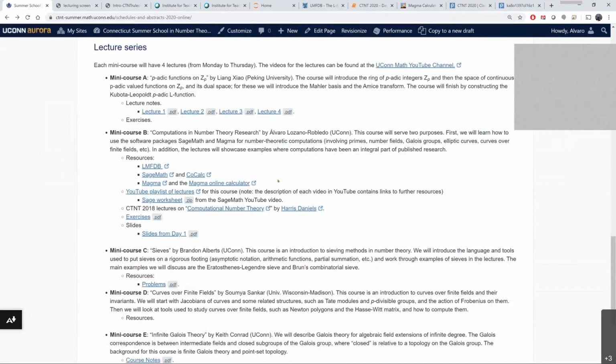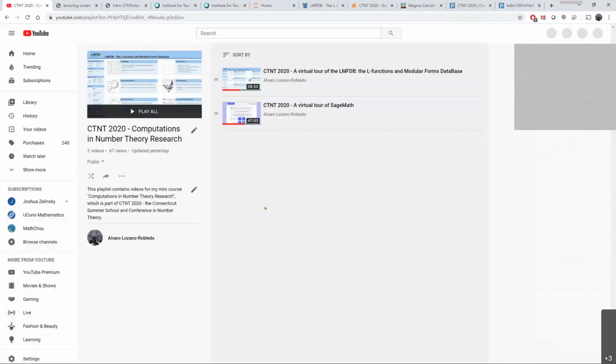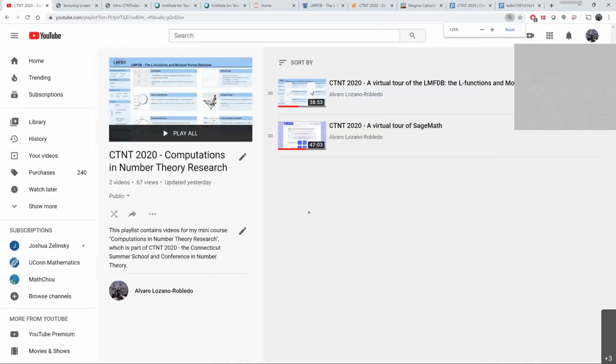For the usage of these databases and this software, I've created, or I'm in the process of creating, a number of videos. I'm creating videos that are hopefully useful to you, but also to just anyone, as a little virtual tour of these things. I've already done the LMFDB video and the SageMath video, and I will be posting soon a video also about Magma.